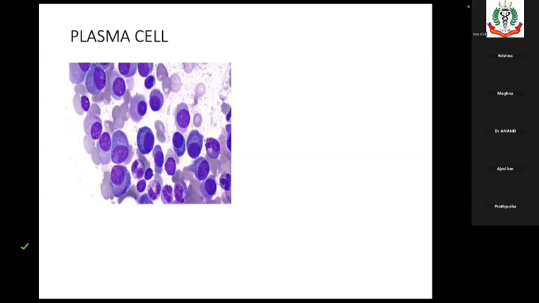The most important investigation to be done in case of multiple myeloma is the serum protein electrophoresis. Peripheral smear and bone marrow are absolutely indicated. I told you about hemoglobin electrophoresis for thalassemia.